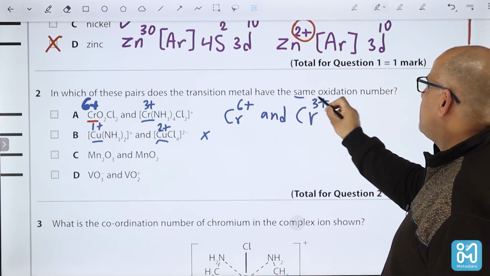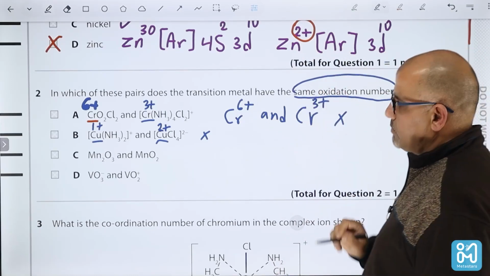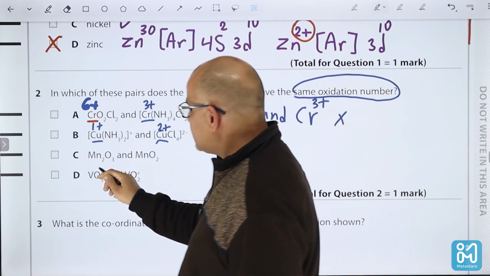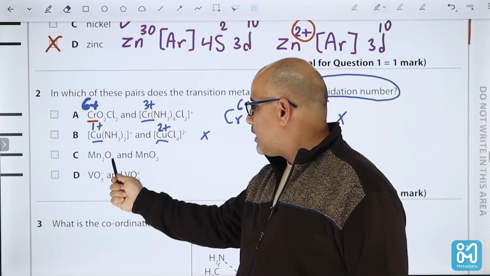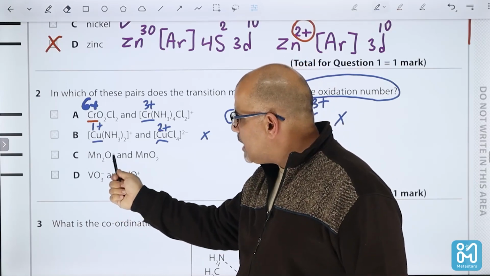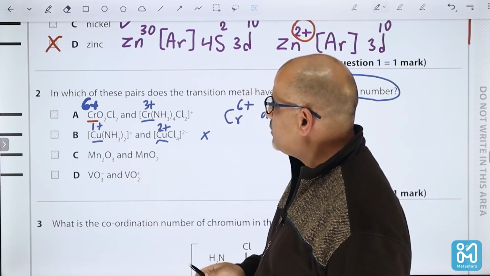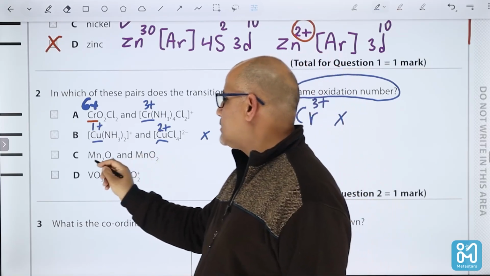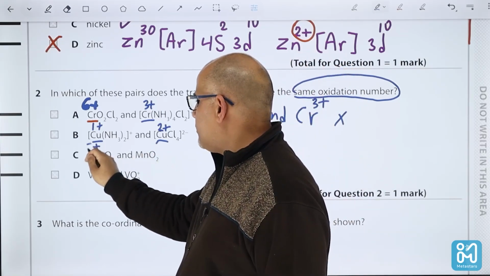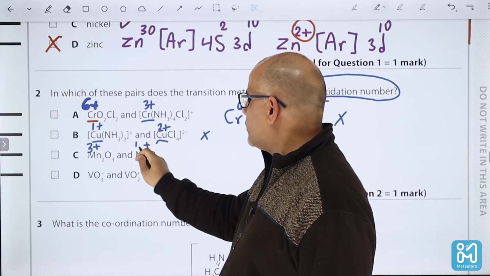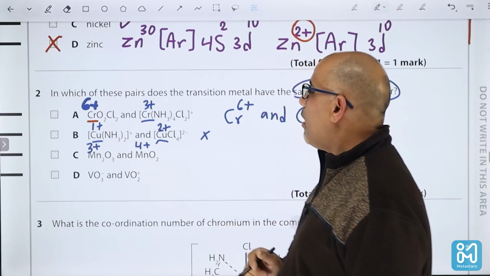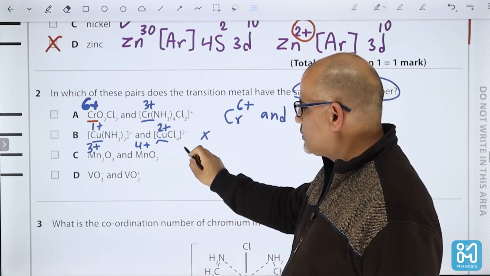For manganese, we know that oxygen has negative 2. So 3 times negative 2 is negative 6, over 2, it's positive 3 there. And here it's positive 4. So both are not equal either.